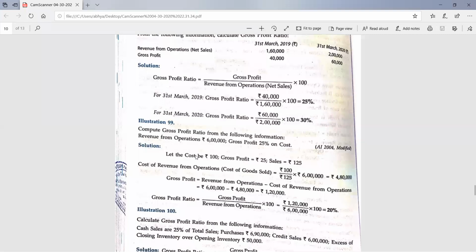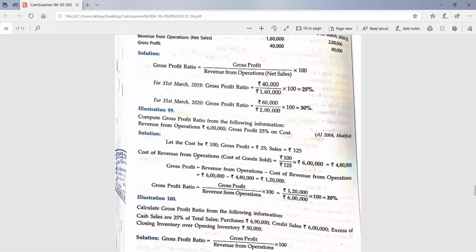So cash sales are X by 4 and credit sales are 6 lakh. Cash plus credit is equal to total sales. It means X by 4 plus 6 lakh is equal to X. So we can find out the value of X.